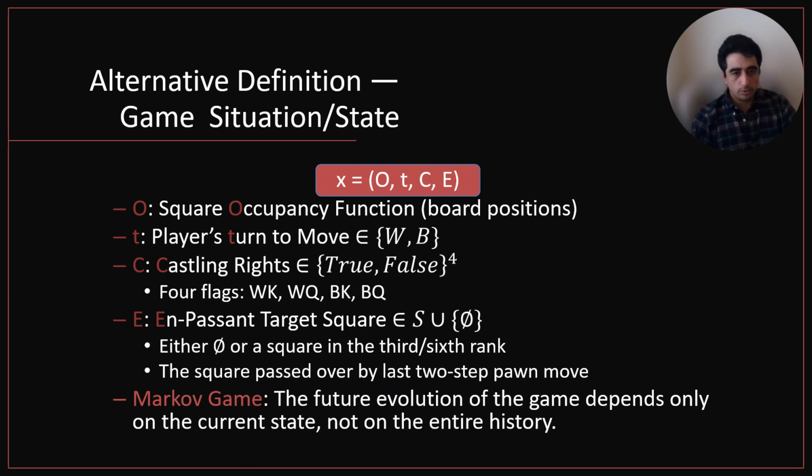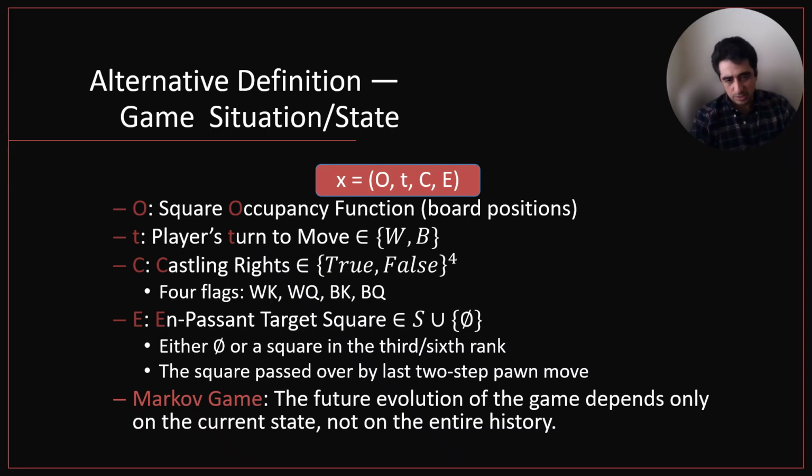Before we move forward, I'm going to show you an alternative definition for the game situation for the game of chess. The one I showed you earlier is not really the best definition for the following reason. A lot of people consider chess as a Markov game, which basically means the future evolution of the game depends only on the current state, not on the entire history of the game.